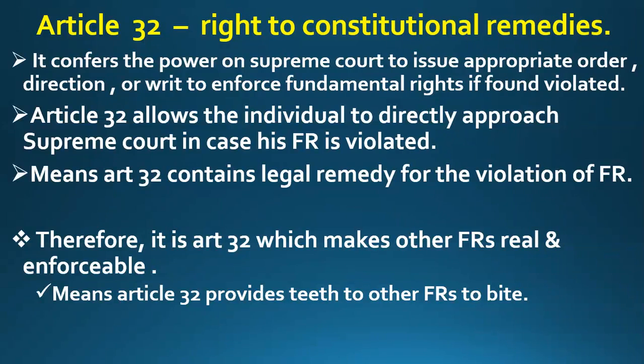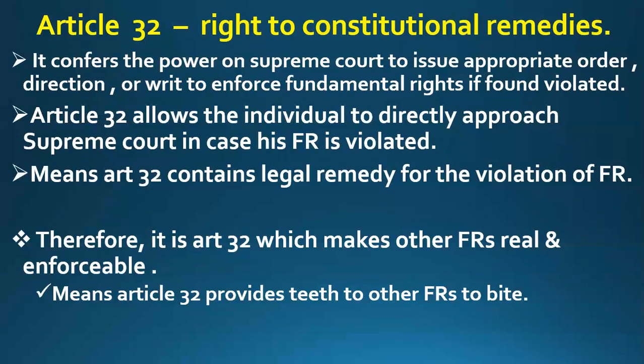Now friends, Article 32 allows the individual to directly approach the Supreme Court in case his fundamental right is violated. Now what does it mean? Suppose an ordinary legal right, meaning a right given to you by the ordinary law of the land, which is passed by Parliament or the state legislature, is violated.